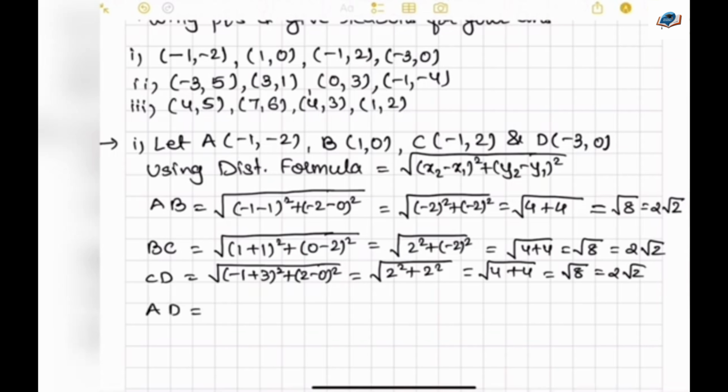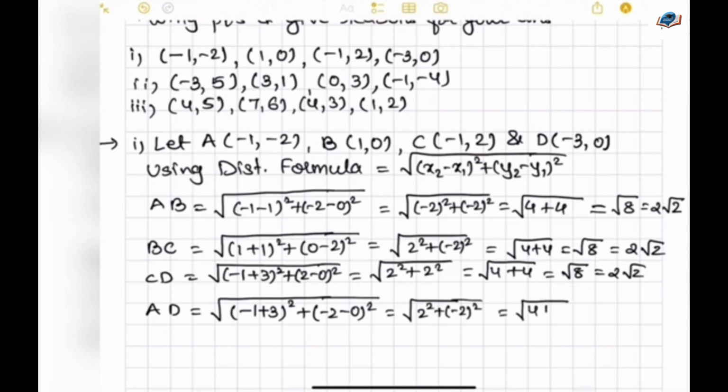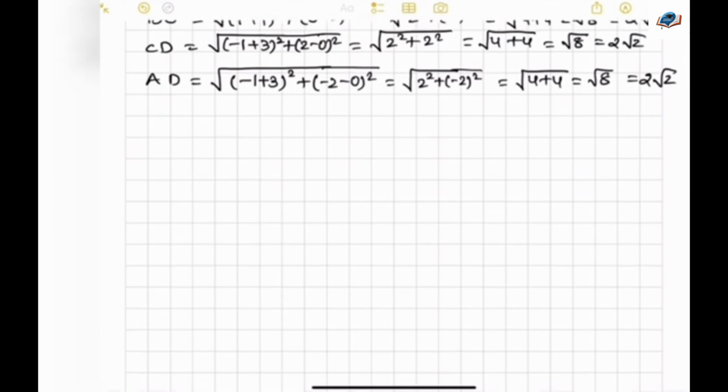Now let us find AD. So AD will be equal to root of (-1 minus of minus 3), so plus 3 whole square, plus (-2 minus 0) whole square. So that also will be 2 square plus (-2) whole square. So 4 plus 4, so root 8. So that will be 2 root 2. Now let us find the diagonals.